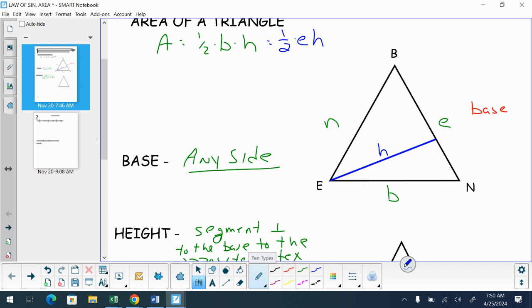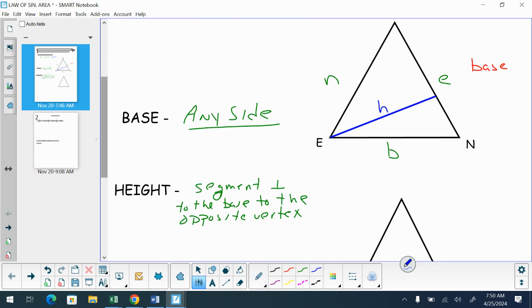Well, by definition of a height, it's a segment perpendicular to the base to the opposite vertex. What we have formed here, when we drew our height in, is right angles to the side e. We've done that by just utilizing the definition of the height.